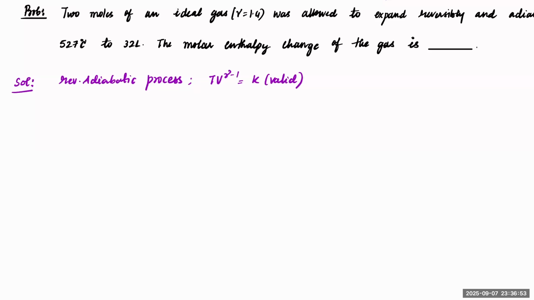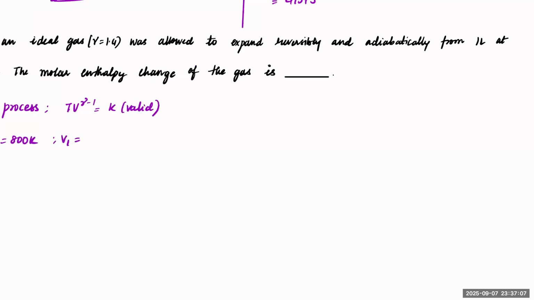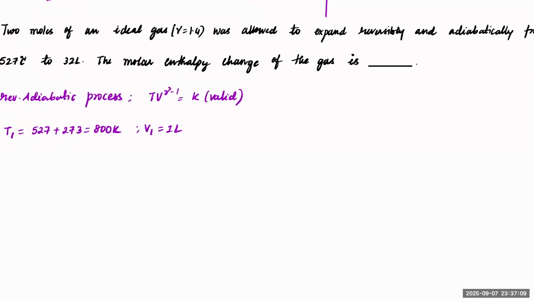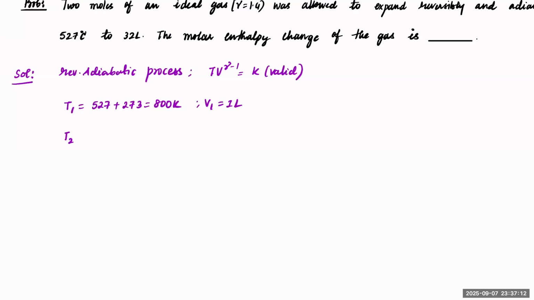Okay, so for that we require temperature and volume information along with gamma. T1 is given, 527 plus 273, making it 800 kelvins. Next, V1 is given, 1 liter, and we need to figure out the temperature T2 given that volume V2 is 32 liters.